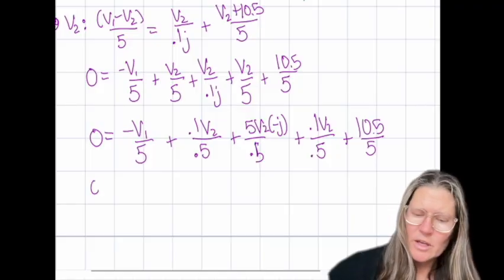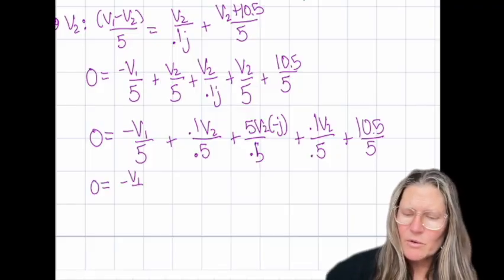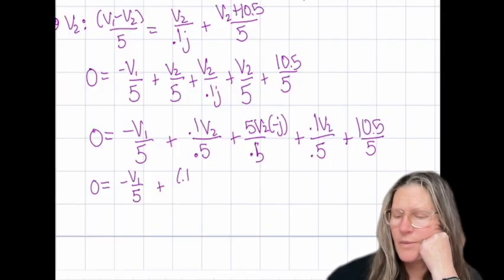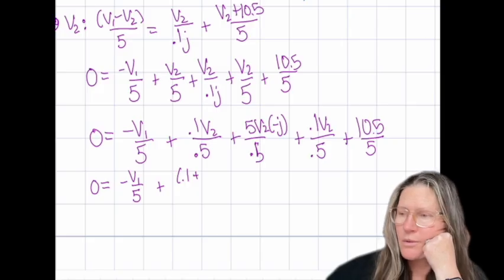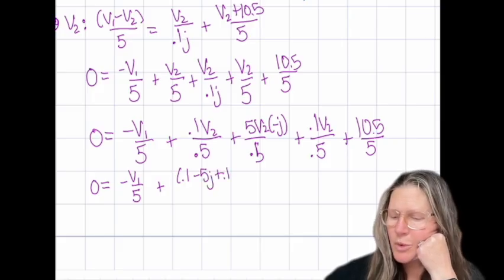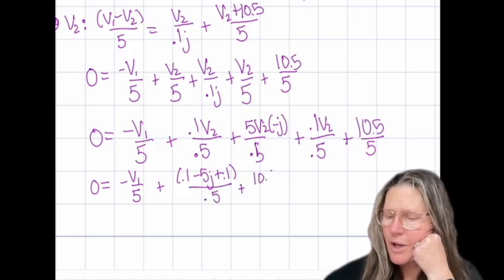And so we then combine these as minus V1 over 5, and then 0.1 minus 5j plus 0.1 all over 0.5 plus 10.5 over 5.